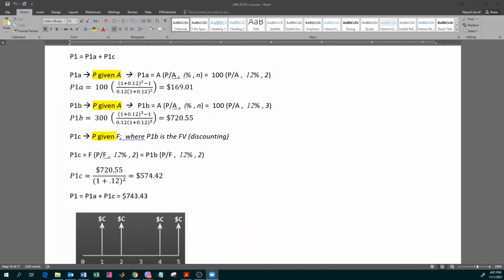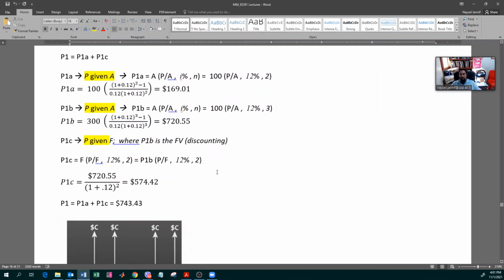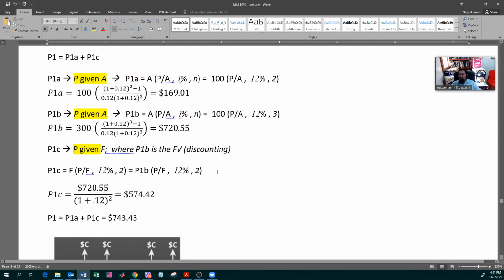Okay, guys, if somebody could quickly give me some feedback as to if you are able to see the Microsoft Word document on the screen. Yes, sir. All right, thank you.